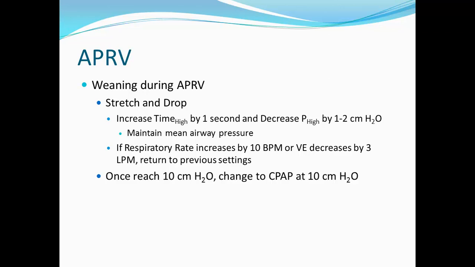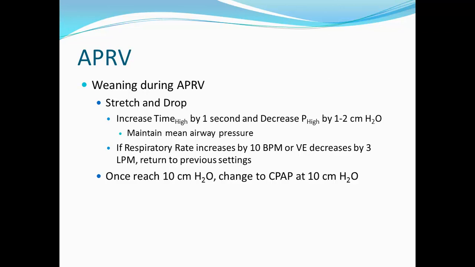Typically, we'll increase the time high by about 1 second and decrease the pressure high by 1 to 2 centimeters of water to maintain a relatively constant mean airway pressure.